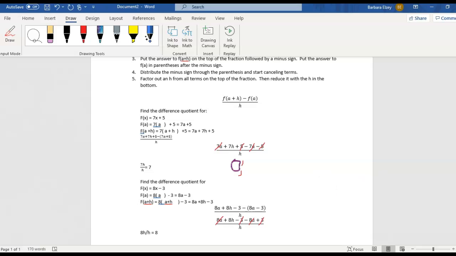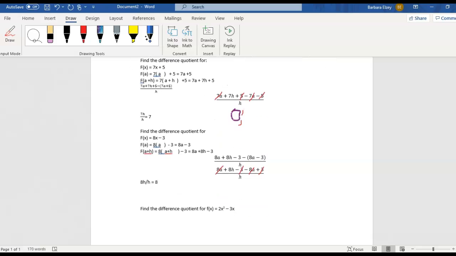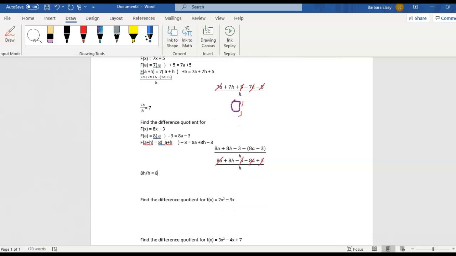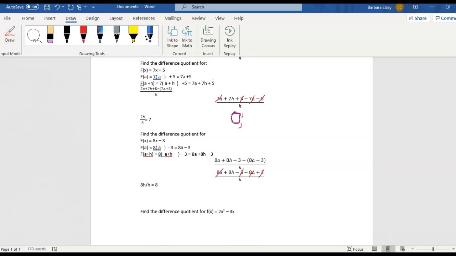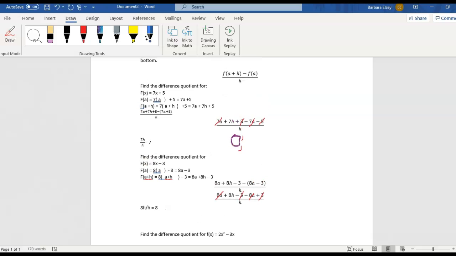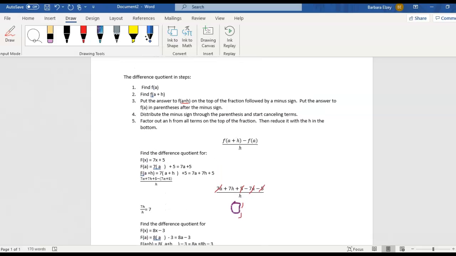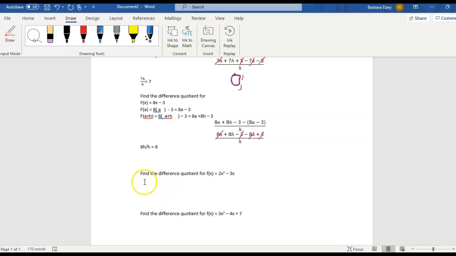All right, now we've been doing some of the easier ones. Let's move on to one that's a little more complicated. Still, the same steps apply. It's just that when we simplify this one, it's going to be a little bit uglier. So let's start with our first step. Let's find f of a, just like we did with the last ones.